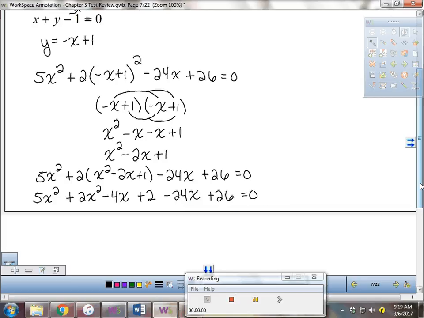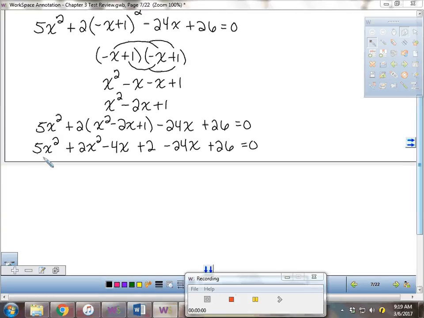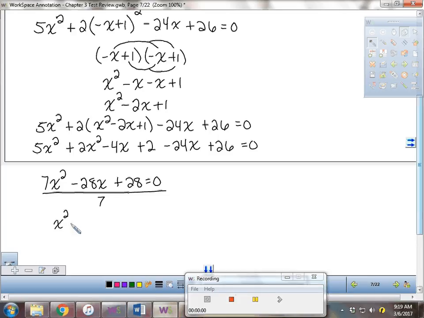Now we'll just combine like terms. So 5x squared and 2x squared give us 7x squared. Negative 4x and negative 24x give us negative 28x. 2 and 26 give you 28. And then all of these will divide by 7. So we get x squared minus 4x plus 4 equals 0.